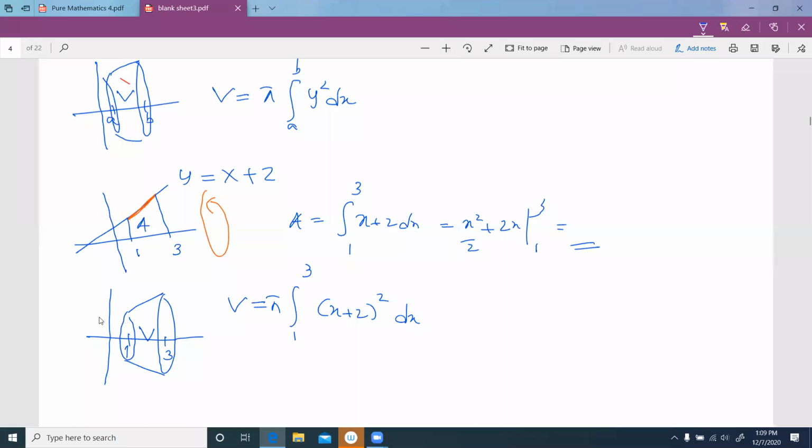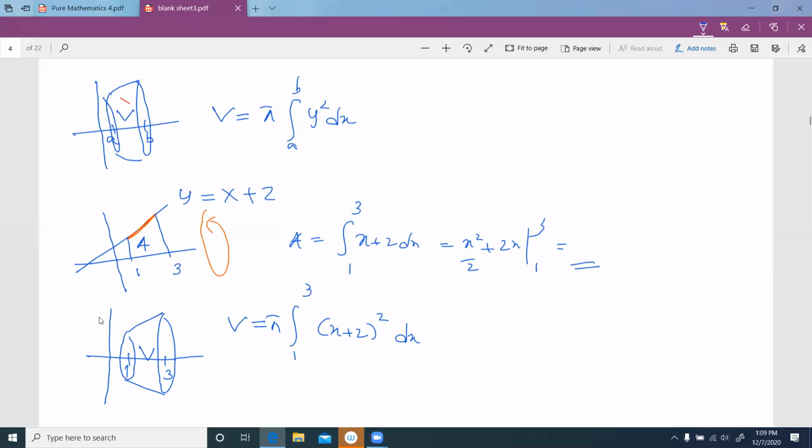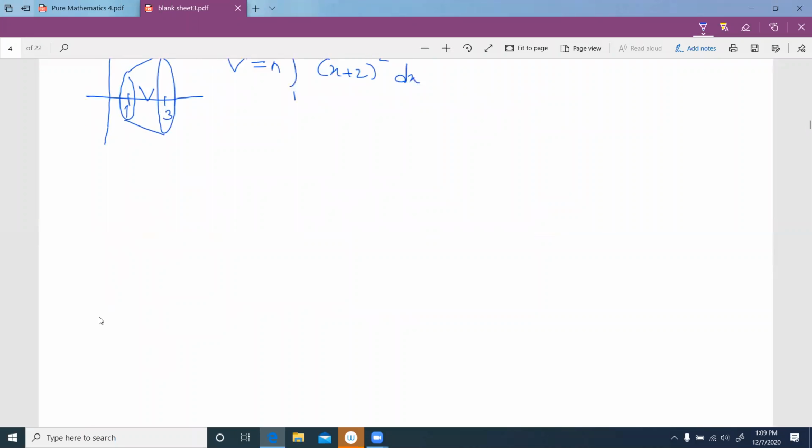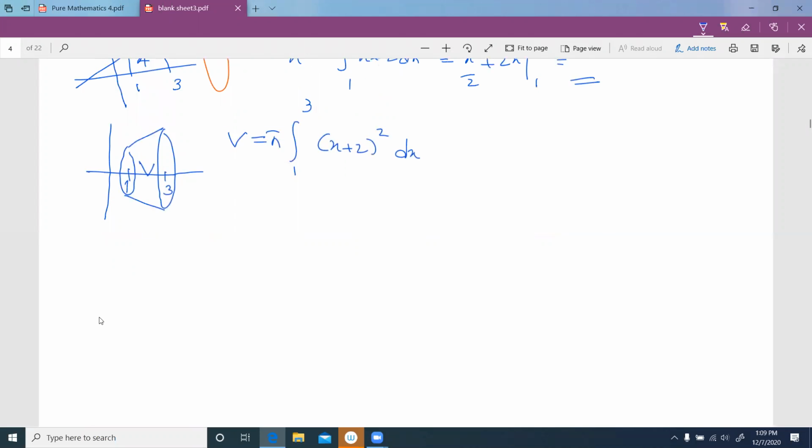Then if you do this integration, what would be the answer? This is pi times x plus 2 cubed over 3, from 1 to 3. This is the theory we have already learned.